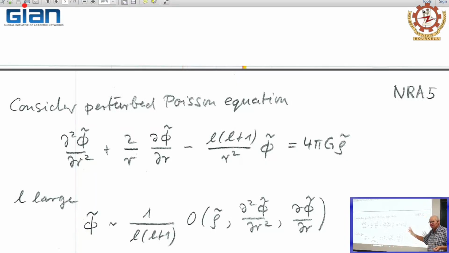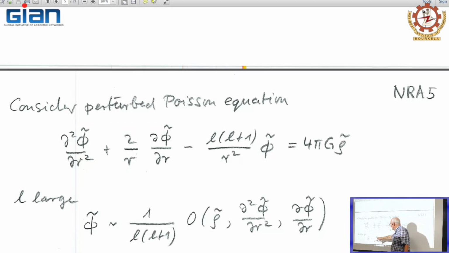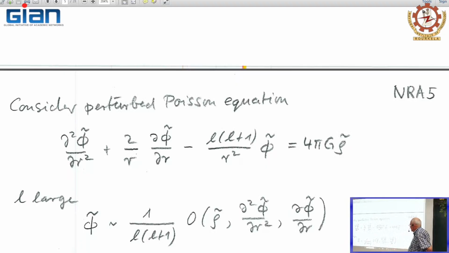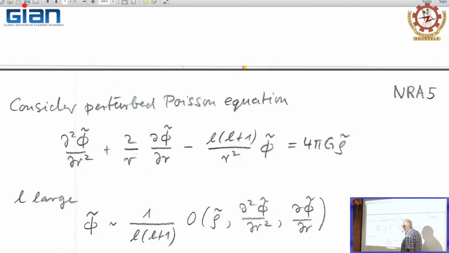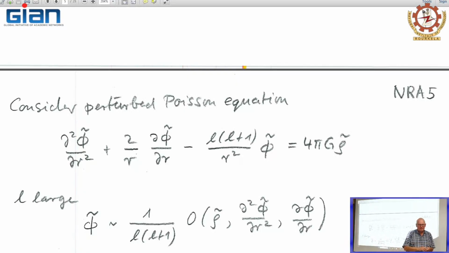Now, if we estimate these terms to order of magnitude, then we will find that phi tilde, the Eulerian potential perturbation, should be of the order of 1 over L times L plus 1 of the density perturbation, the second derivative of the potential variation, and the first derivative of the potential. So the potential itself will be of the order of 1 over L times L plus 1.